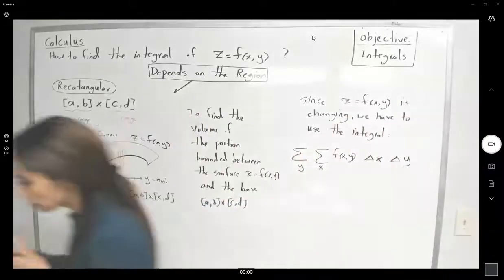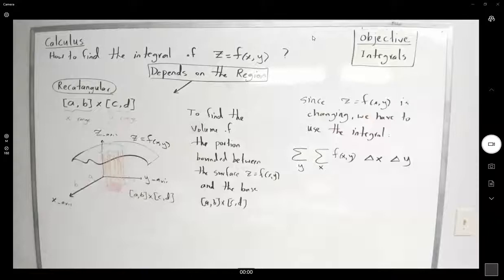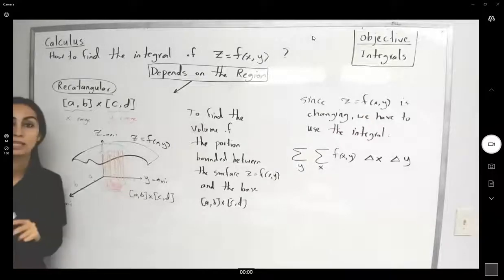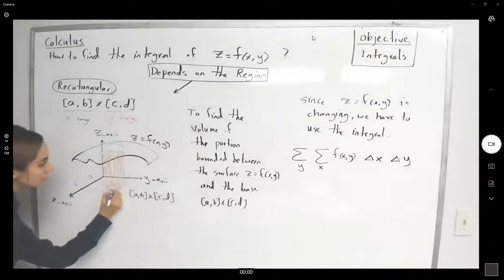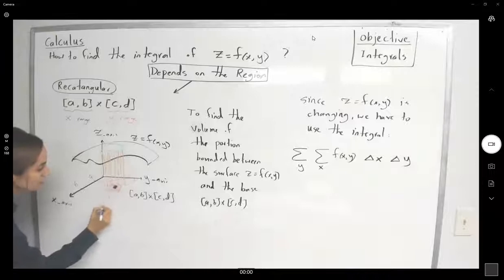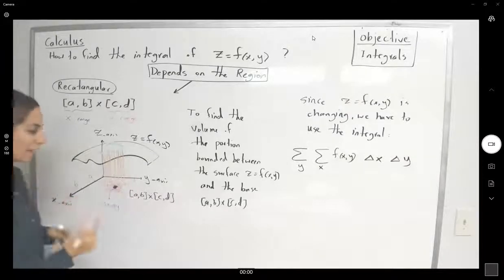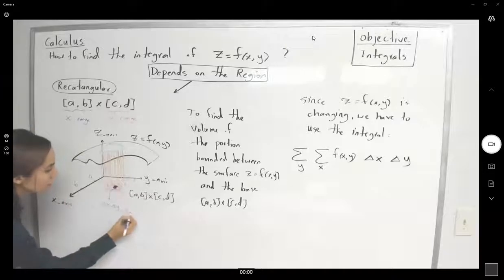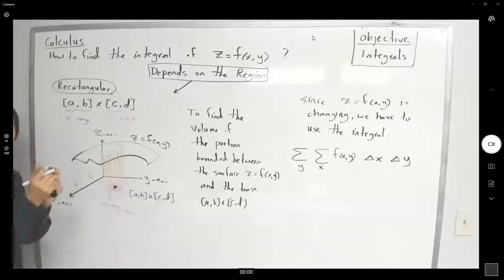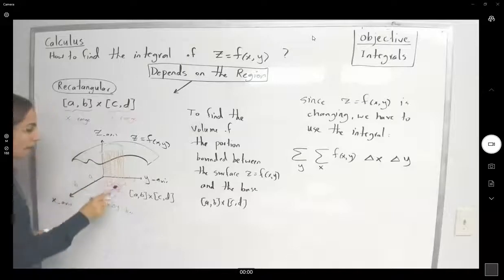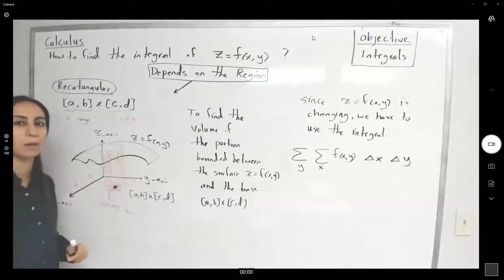As these small regions, these small delta x times delta y's are getting smaller and smaller. So this is delta x times delta y. These base values are getting very small. You are just taking the limit as these values are getting smaller and smaller.